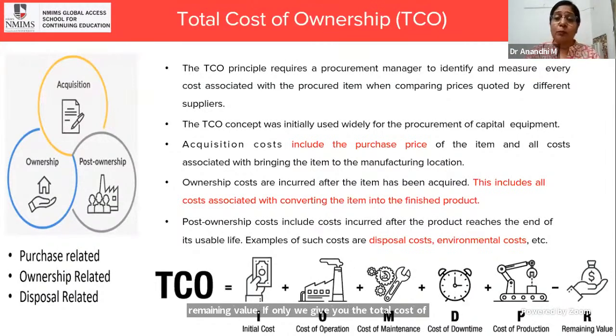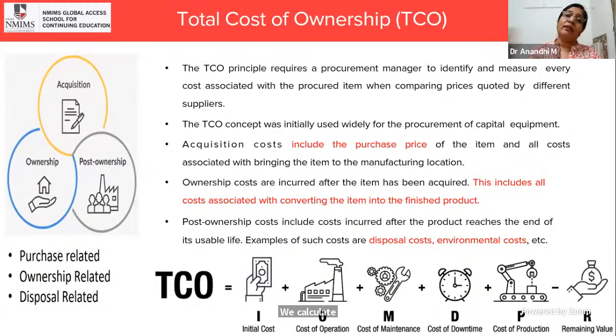Okay, your disposal, again, reverse logistics, your disposal cost, your environmental cost, these costs also have to be added. Usually there is a tendency that we ignore the reverse logistics cost. We calculate till the last mile delivery from the supply chain perspective, and mostly ignored is the reverse logistics.